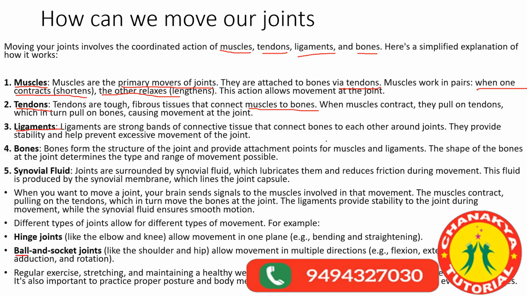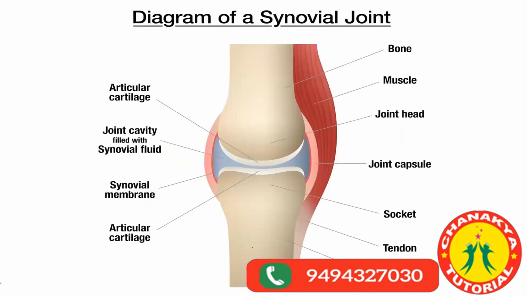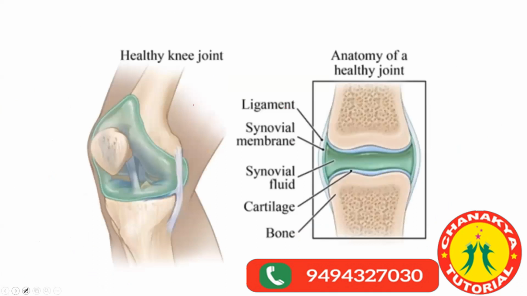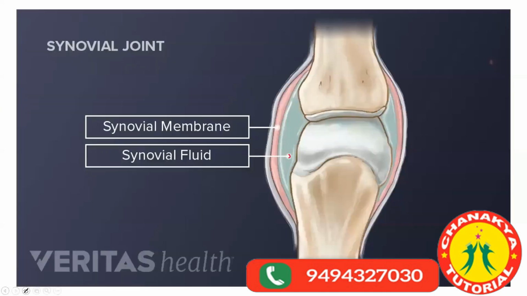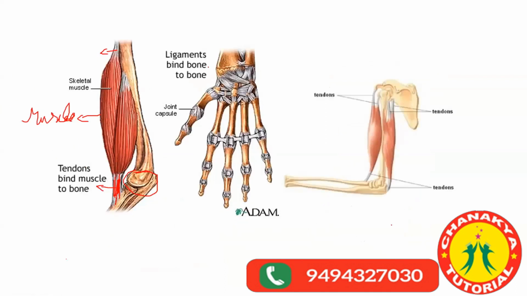So show her the picture where ligaments are. She will understand. Here, ligaments bind bone to bone. This is our hand. So these white connective tissues are ligaments.